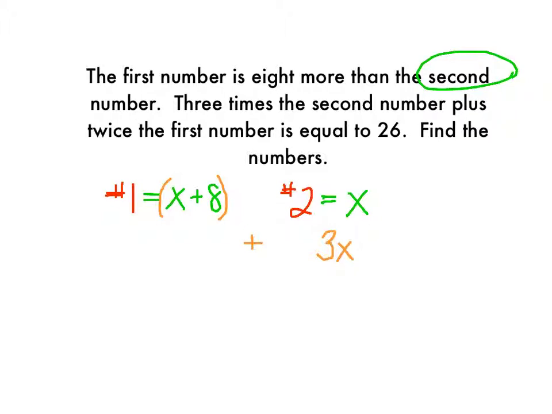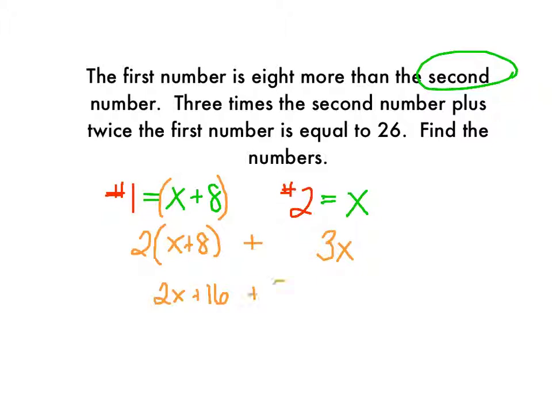So I have a couple of different ways that I could go about this. I could say twice the whole thing, so the first number, so 2 times x plus 8 in the parentheses, or I could just double each part. So 2x is double the x, plus double the 8 would be 16. Either way, I'm going to have to simplify. It just depends on how you see the problem.